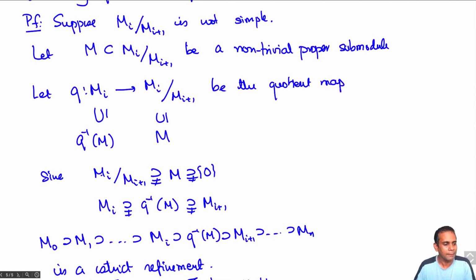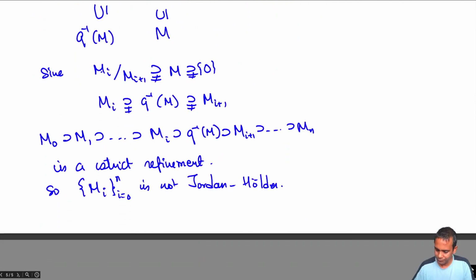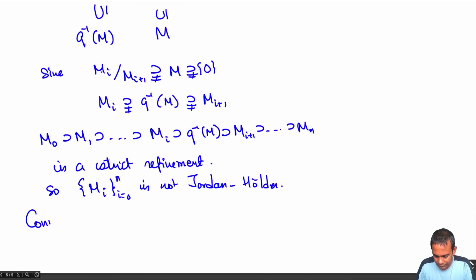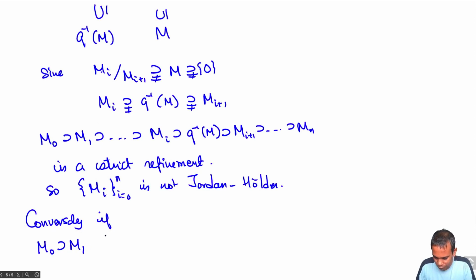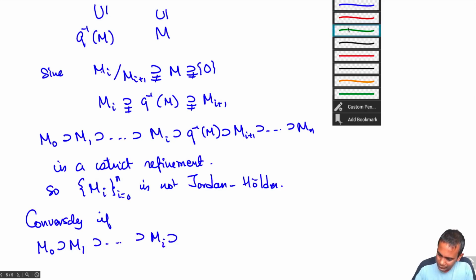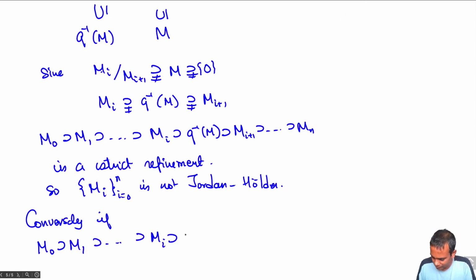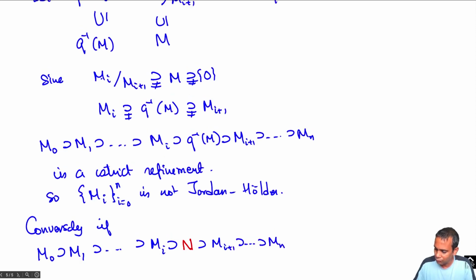Now conversely, we will show that if we have a refinement, M0 contains M1 contains Mi, and then we have a new guy which we insert, let's call it N, and then we go back to our old series, which is a strict refinement.